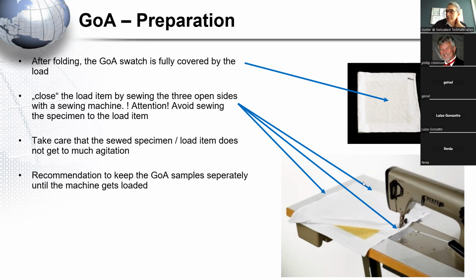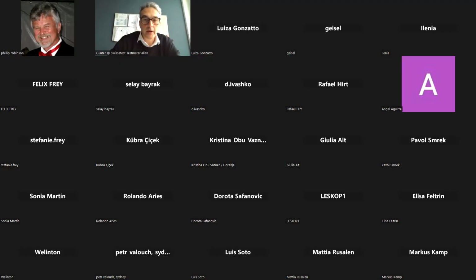Yes, that's right. Because if you have a standalone sewing machine, then you have only the area where you sew in a flat area, and the other part is hanging down. Here it's all flat. So that is a better way, also if you compare in a round robin test or something like that. Very good point, Ralph. Thank you.